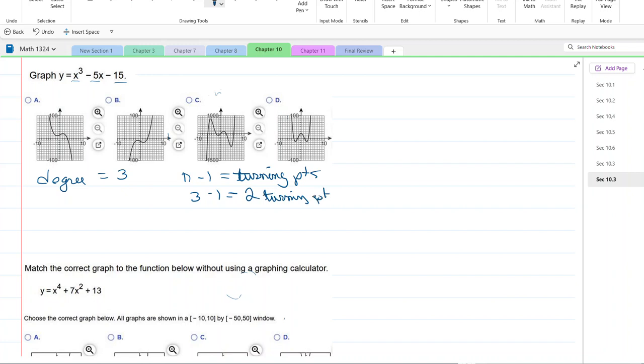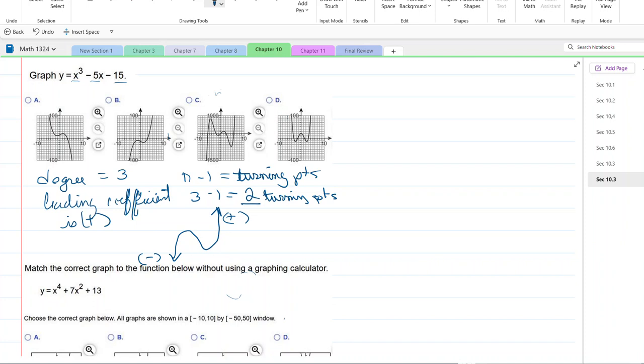Right? So we know this. Then, so we have 2 turning points, and it is positive. The coefficient is positive. So that means that it goes from negative infinity to positive infinity. Negative to positive, because it's not reversed.